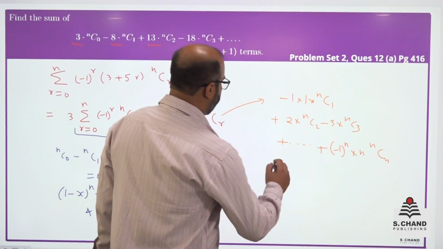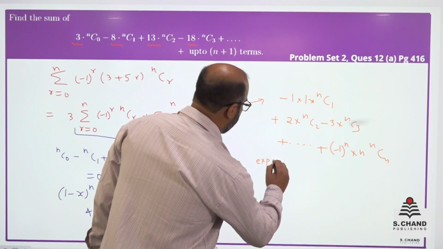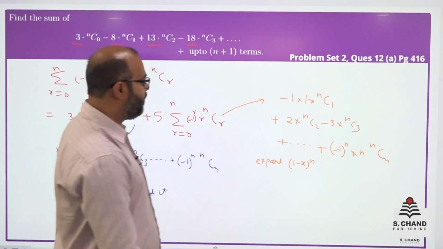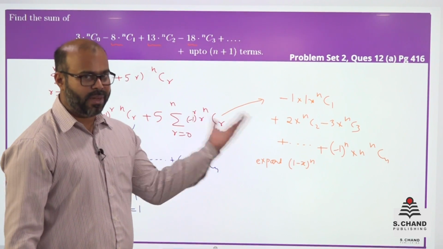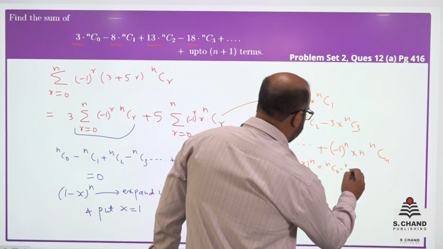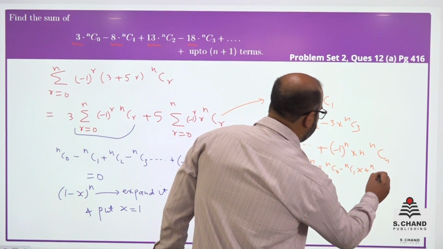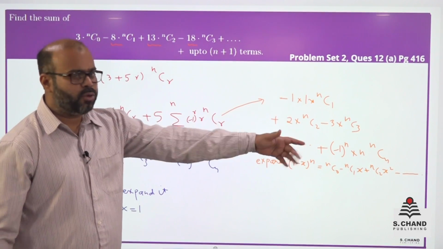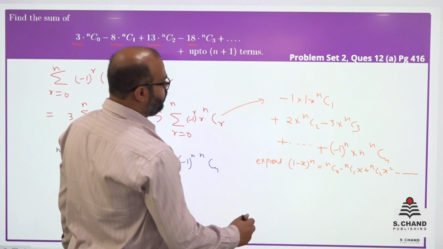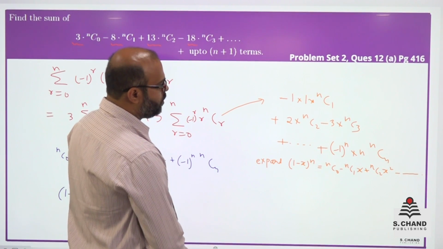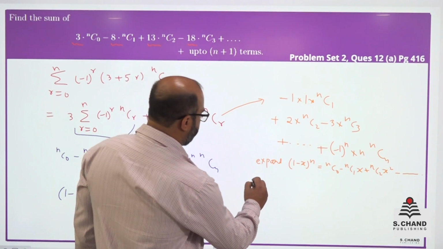Again expand 1 minus x to the power n. When you expand it, you will get the expansion as we know, nC0 minus nC1 x plus nC2 x square, and so on. I am not writing the last term, you can write it. Now let us differentiate.